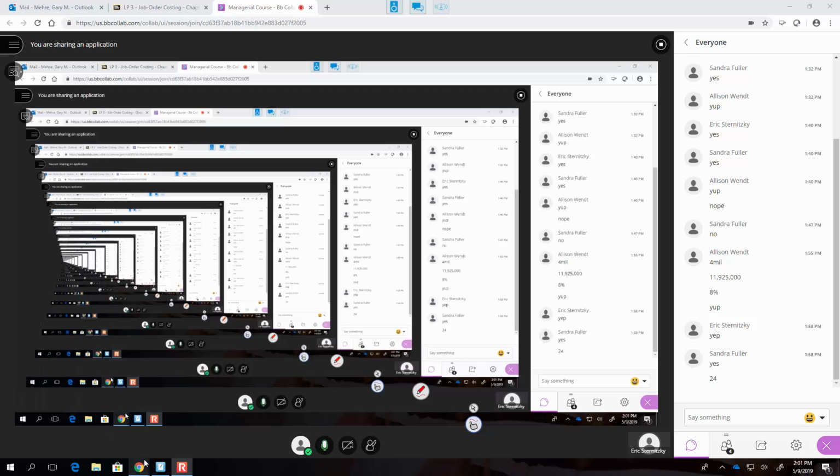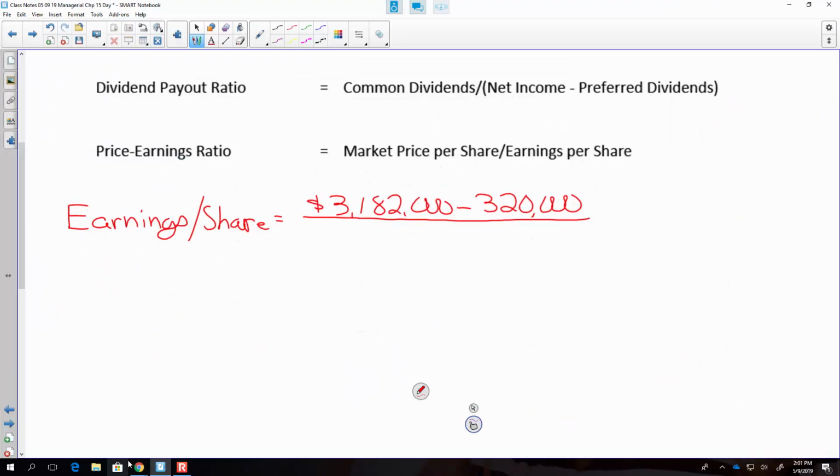So if the common stock had 3 million total in dollars, divide by the $3 per share, there must have been 1 million shares outstanding. And if you also look at the problem, I had 1 million shares outstanding at the beginning of the year, and the number didn't change, right? I had 1 million at the end of the year. Well, if I divide that sum by 2, I'm going to get 1 million.